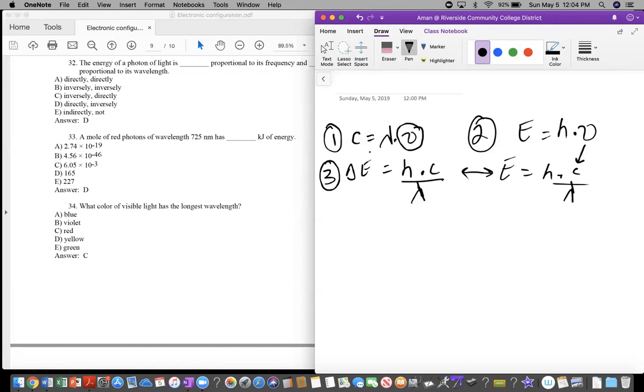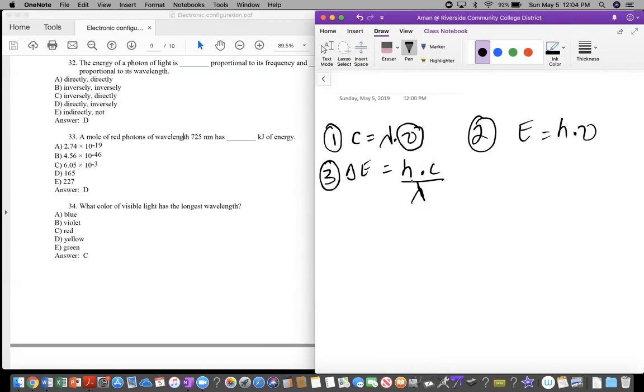So basically, you have three formulas. Now, which one do you think we should be using here? It's not asking for wavelength, it's giving you wavelength.